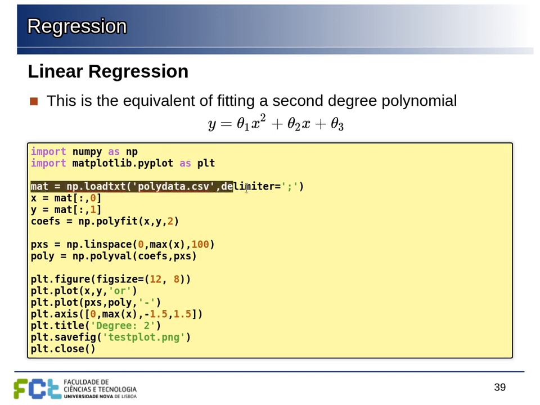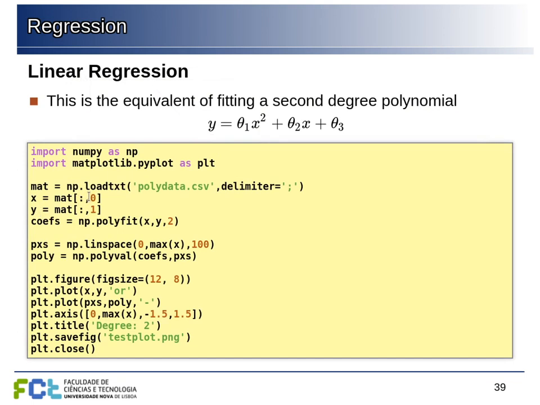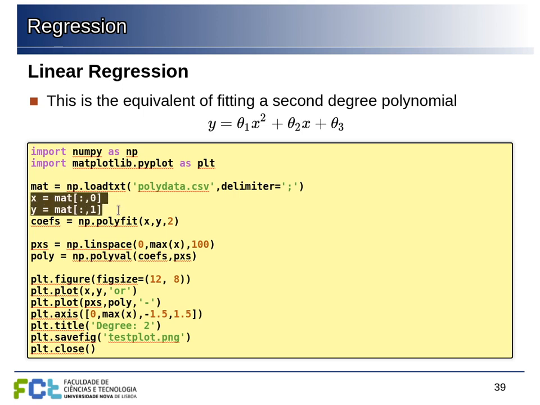So this is just a line for loading the data from the file where we have these red points, x and y values for the red points. The x are on the first column and the y on the second column. So we are using here a NumPy array with 2 dimensions, which makes it easy to extract the different columns.